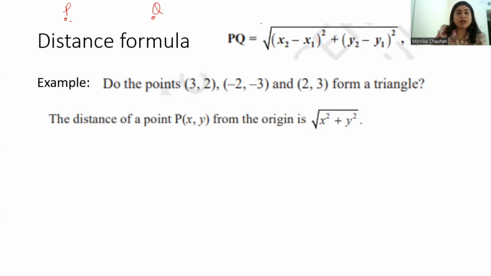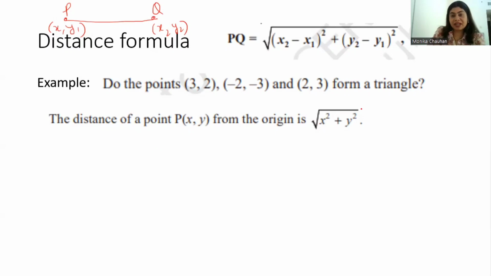If x1, y1 is the coordinate for P and x2, y2 for Q, how do you find the distance between these 2 points? This is the formula: root of (x2 minus x1) whole square plus (y2 minus y1) whole square. You have to remember it, and every time you use the same formula, you will learn it by heart.